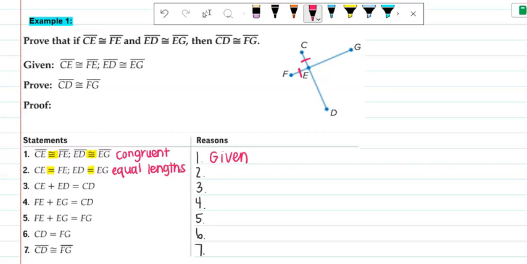So when we switch that equal sign for a congruent sign or a congruent sign for an equal sign, that's just showing that we know what the word congruent means. So we're going to say that this is just the definition of congruence.